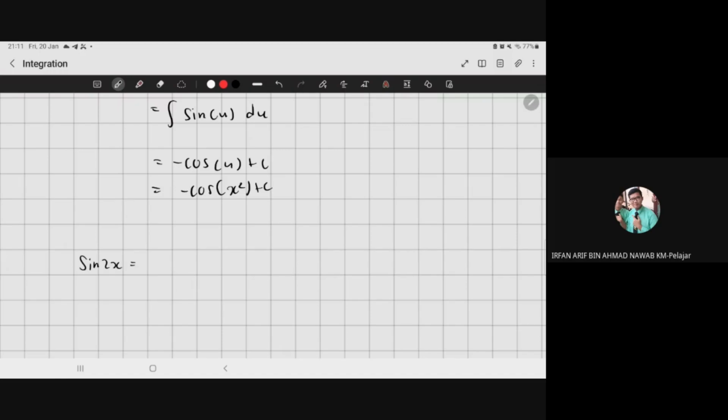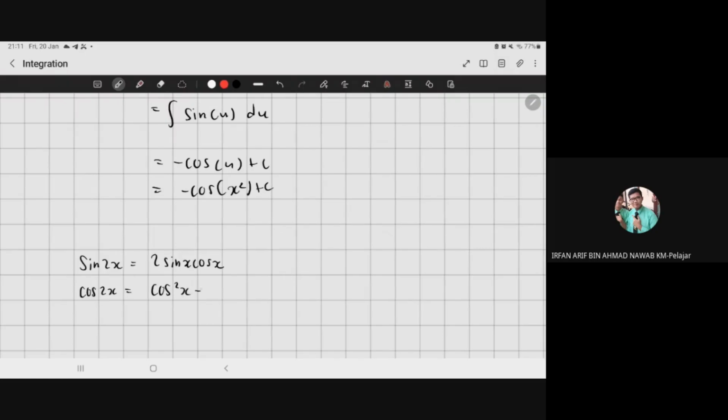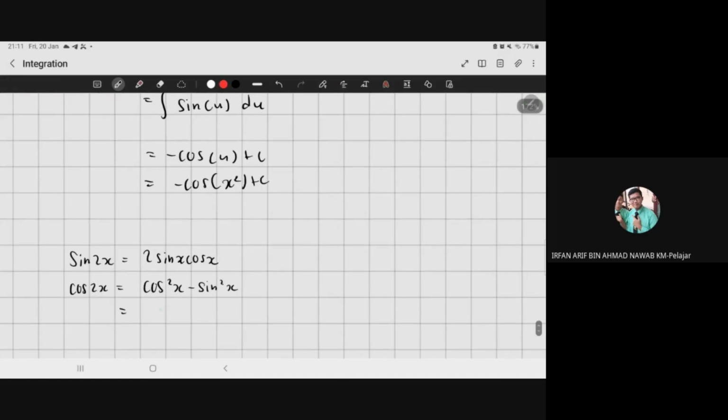As you recall, sine 2x is equivalent to 2 sine of x cosine of x. Then another identity is cosine 2x. In cosine 2x, we could write it in the form of cosine square x minus sine square x, and then we have 2 cosine square x minus 1, and then we have the last one, which is 1 minus 2 sine square x.